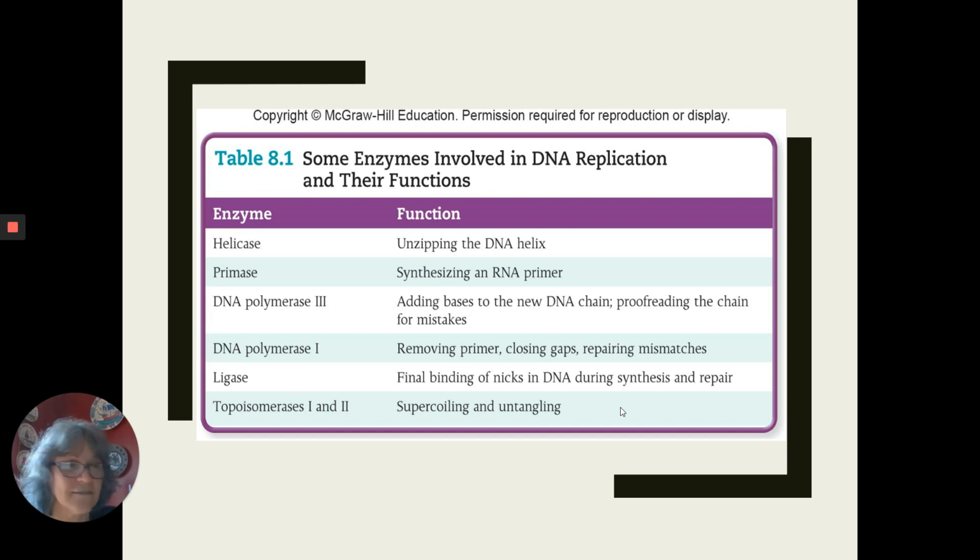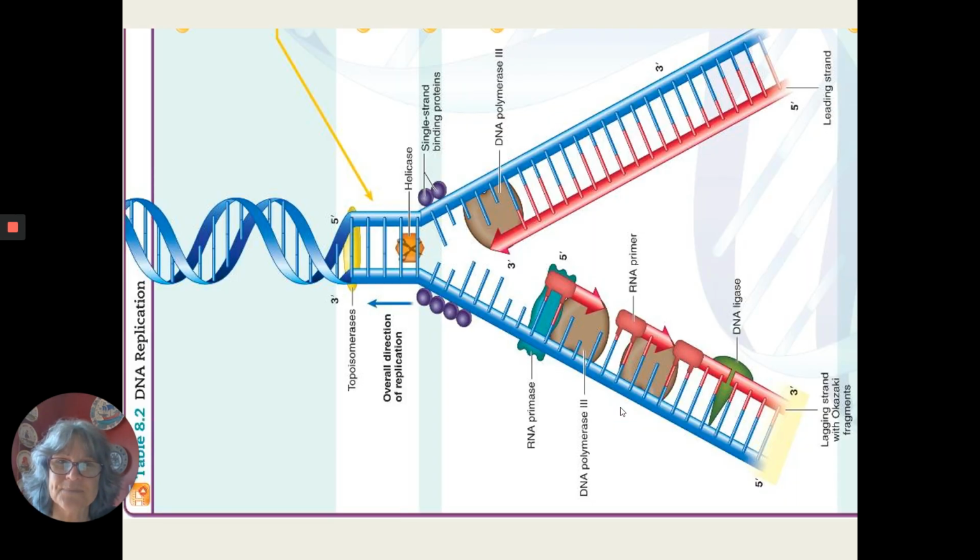So let's look a little closer at replication. I've turned this image sideways so we can expand it a little bit. Here's my original ladder, and we see here it's uncoiled. Helicase has come in and uncoiled my molecule. This is where helicase started, down here.